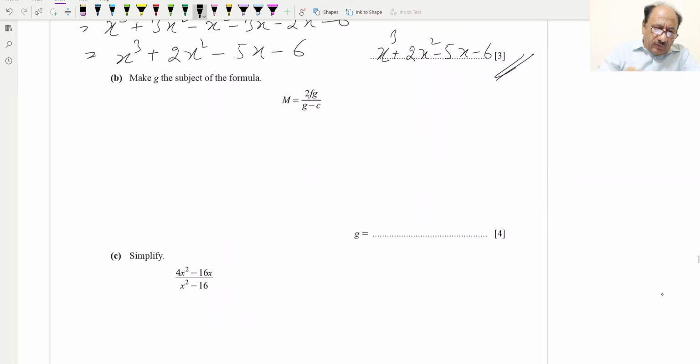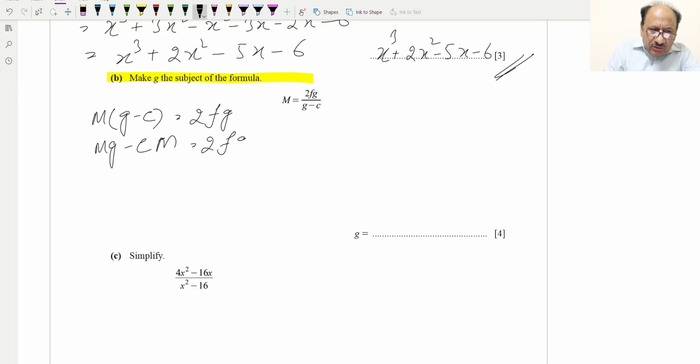Very simple, straightforward. And the B part is making the subject, and we have to just make g the subject. To get rid of this one, we will cross multiply, so m multiplied by gc is equal to 2fg, and we can write mg minus cm, and this will be equal to 2fg. Further we can shift this 2fg to this side and cm to the other side.